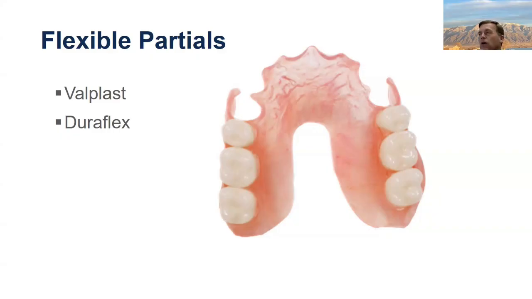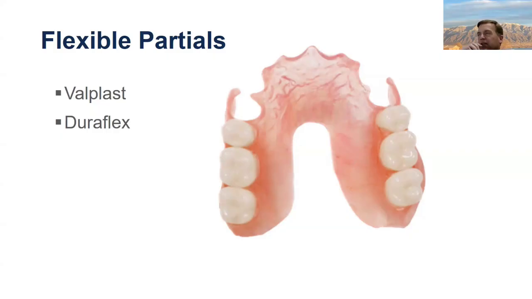It's been around for a long, long time. And some labs are going to be more successful with the Duraflex, which is a polypropylene. Yeah, I was getting a blank there. A polypropylene material.